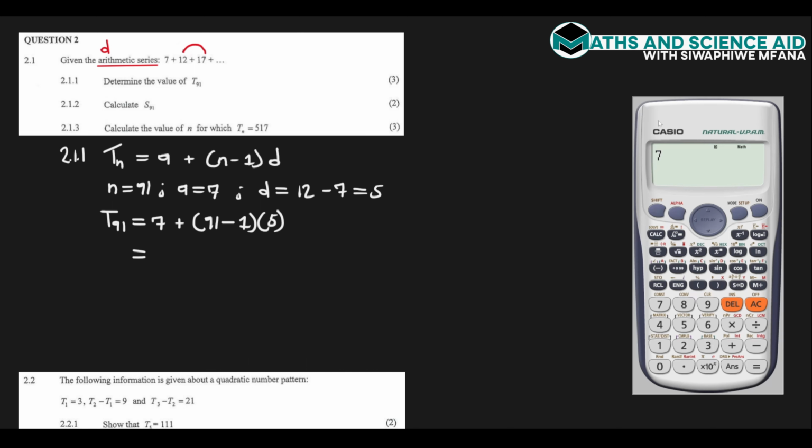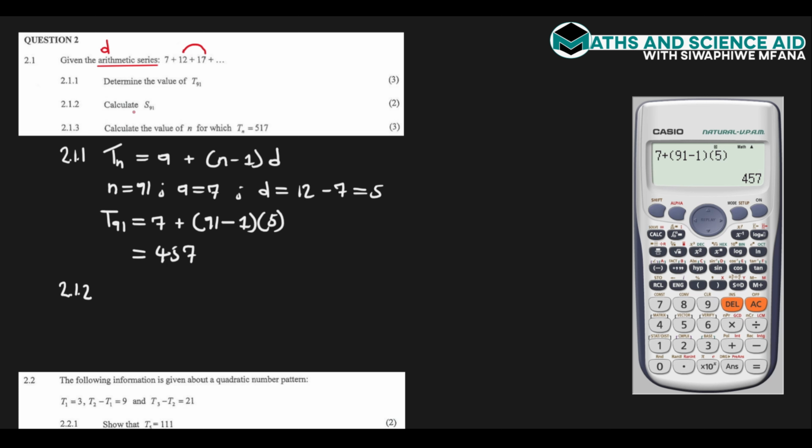So 7 + (91 - 1)(5) is equal to 457. So the value of term number 91 is 457.